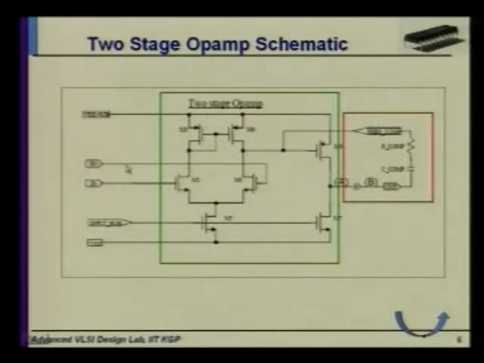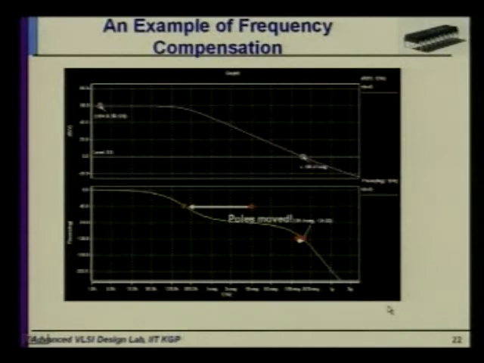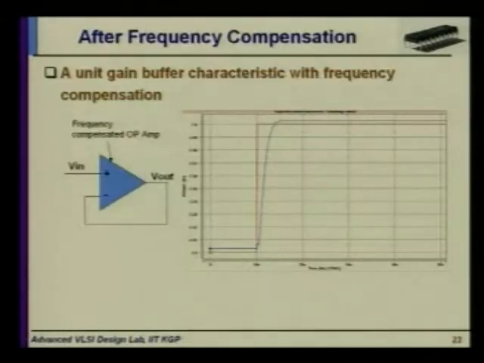So this is the structure after introduction of Cc and doing the frequency compensation, and we have got this plot. You can see clearly, as I have told you, the phase margin in this case is near about 45 degrees, which is good enough. And this is basically the unity gain buffer characteristics.